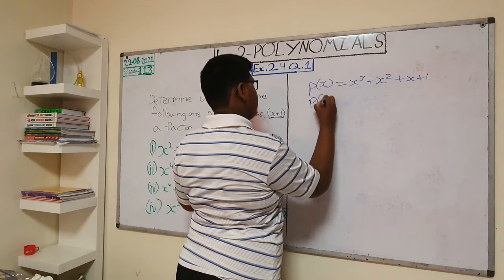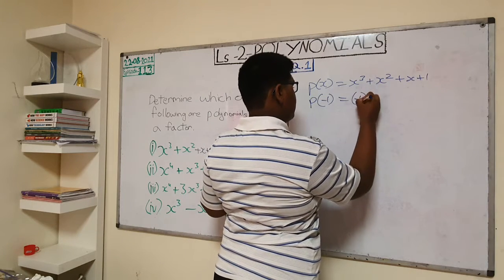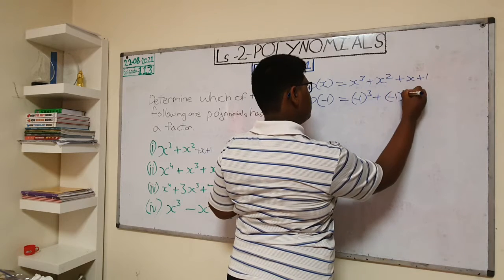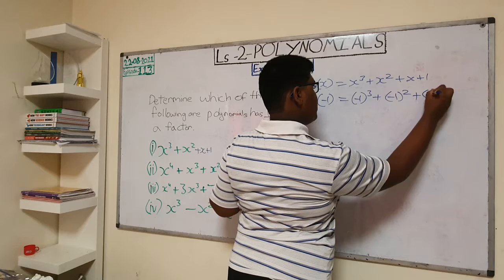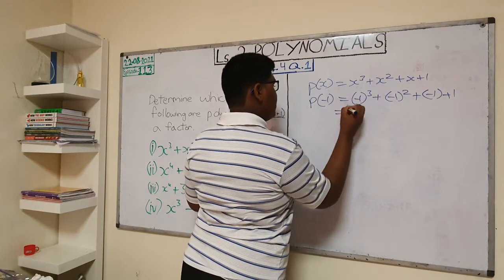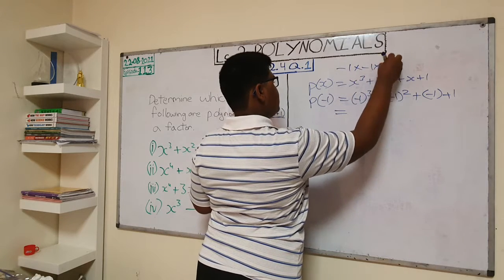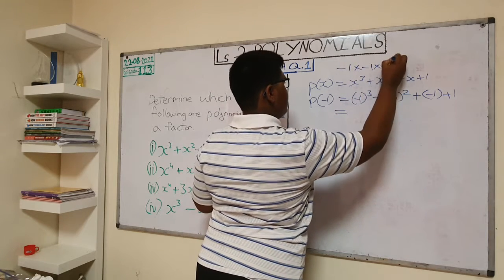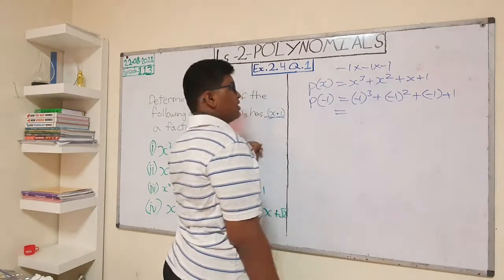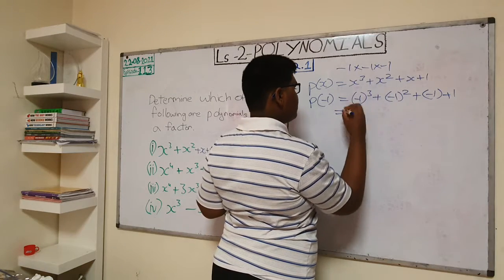So p of minus 1 is equal to minus 1 cube plus minus 1 square plus minus 1 plus 1, right? Then minus 1 into minus 1 into minus 1. Minus 1 into minus 1 will be 1 because both are the same signs. Then 1 into minus 1 will be minus 1, right? So minus 1 will be as it is.